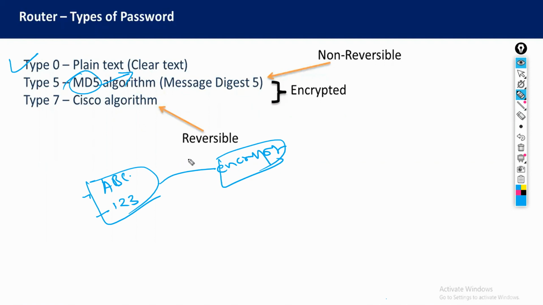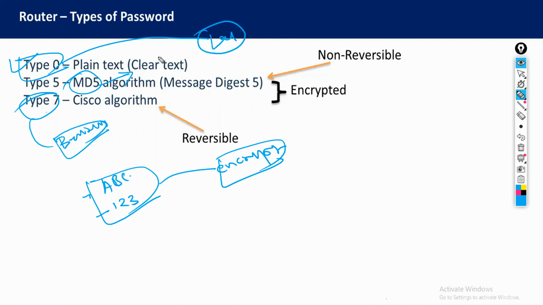Type 7 is designed by Cisco, but it is breakable. Type 0 is also breakable. No one can decrypt MD5.